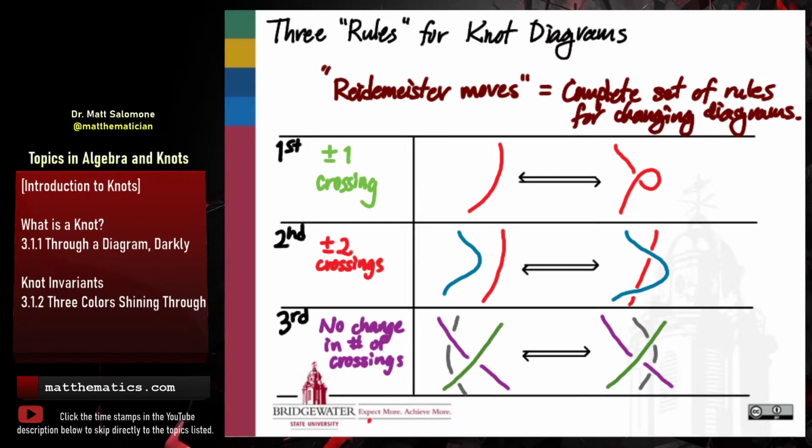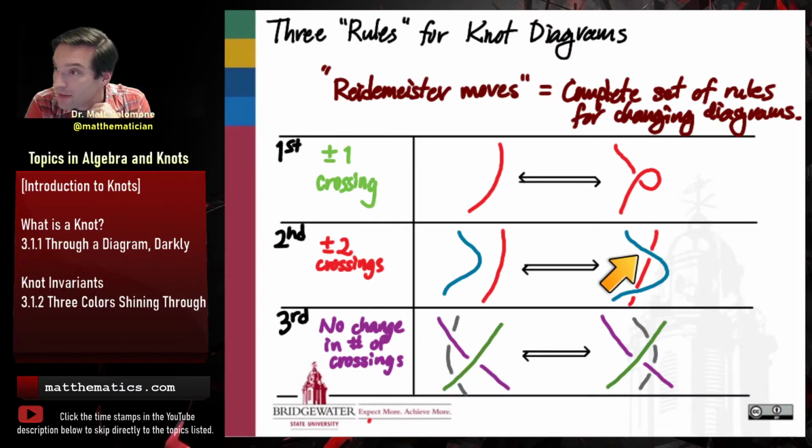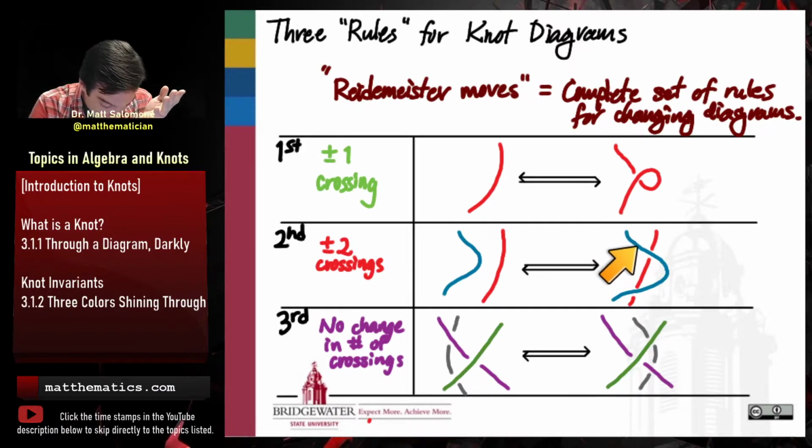So this crossing right here, say, would be an invalid coloration because my overstrand here is blue, but the other two are the same color, different from blue. I have two reds coming in here.